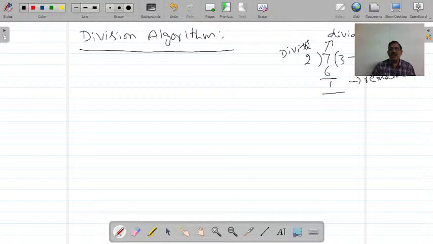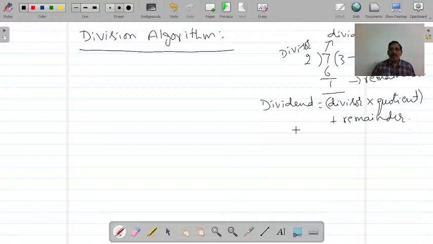As we know, the relation is dividend is equal to divisor into quotient plus remainder. So the same thing if you consider two variables like a, b, b is the divisor, a is the dividend, q is the quotient and r is the remainder.